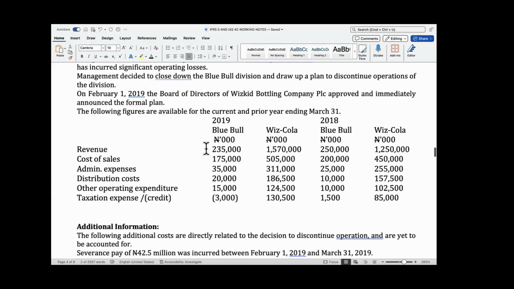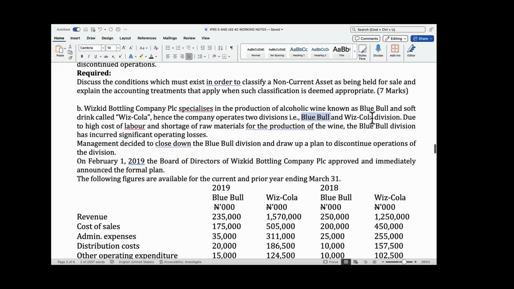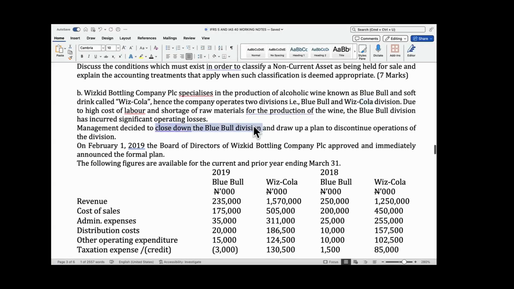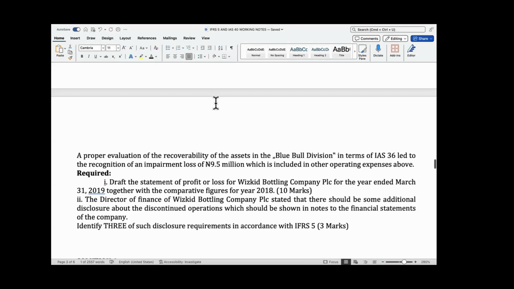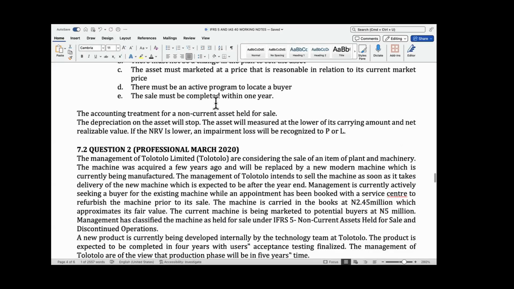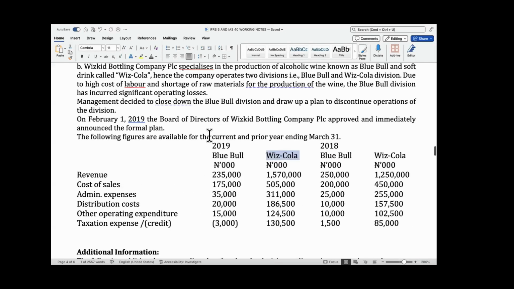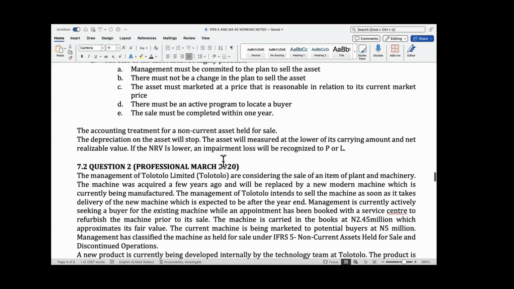Okay, so what's happening here? I can see that this company has 2 divisions, Blue Bull and Whiskola, and they have decided to shut down Blue Bull. They give us the report of Blue Bull and Whiskola for 2 years, and they want us to prepare the statement of profit or loss.